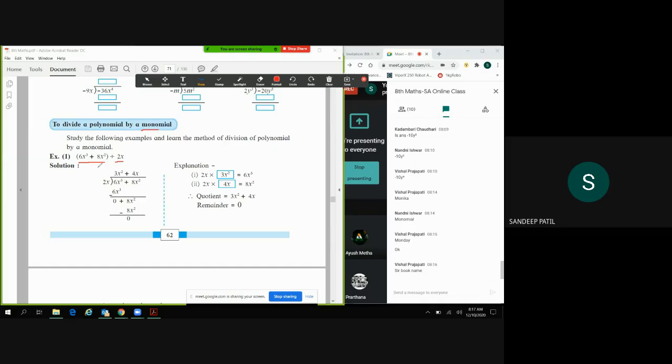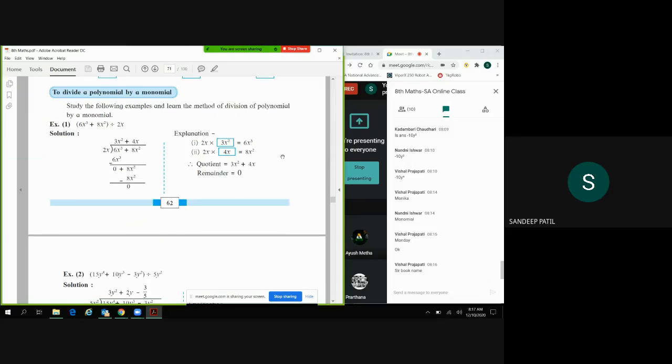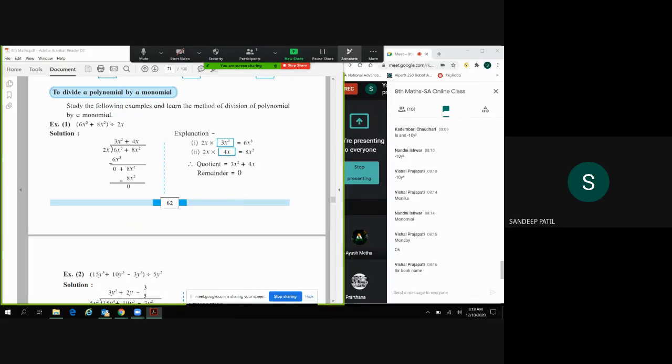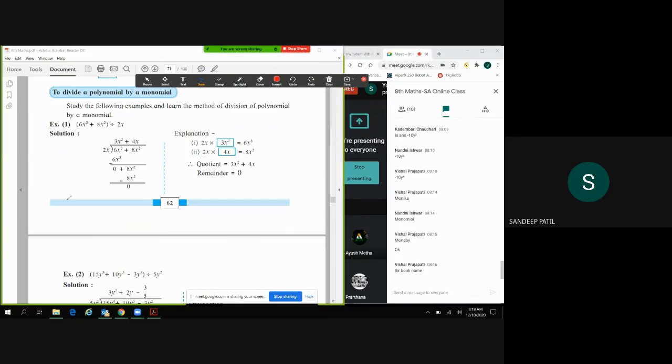We have to carry out the division for each term, right? So we have to be very careful. Let me make some space so that I can write it down.